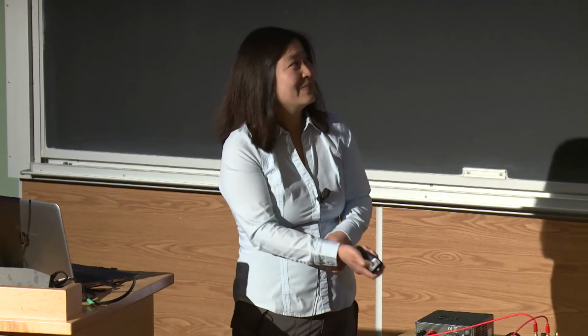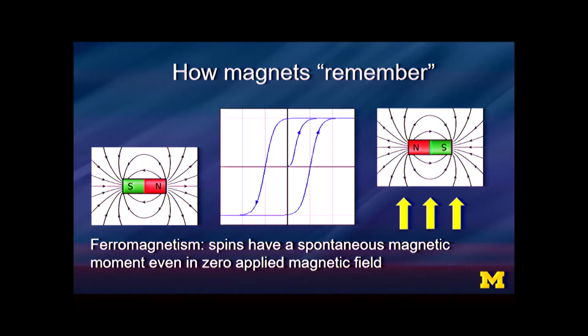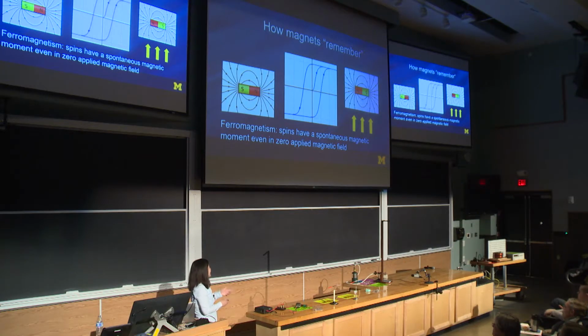And so the way to visualize this is that those spins are all pointing in one direction in a ferromagnetic material until you apply a large enough external magnetic field that you can cause them to switch to pointing in the opposite direction.